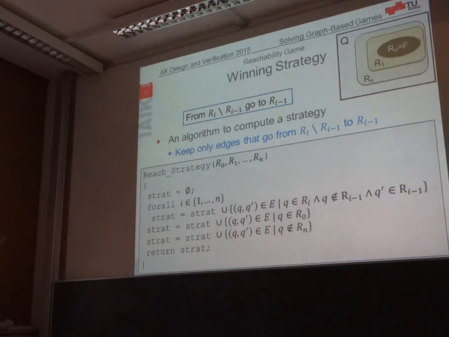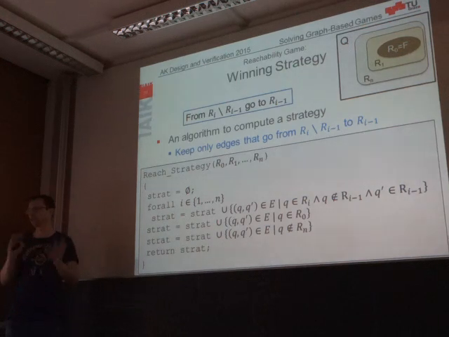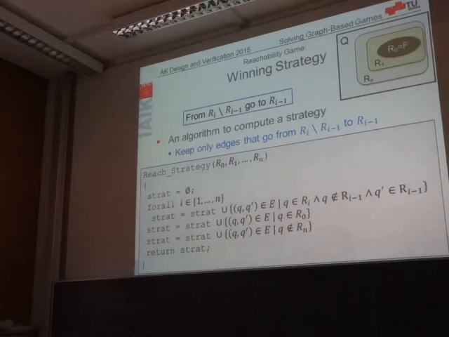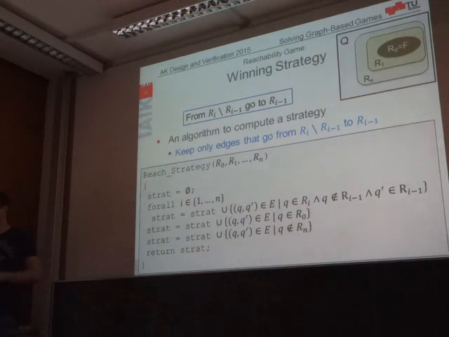It doesn't matter what we do here, we have already won the game, but still we should do something. So in this algorithm I just said, outside of this winning region, we can also do whatever we want. So this gives us a set of edges in the game graph, and my claim is that if we take only edges that are contained in this strategy set of edges, then we can never lose the game.